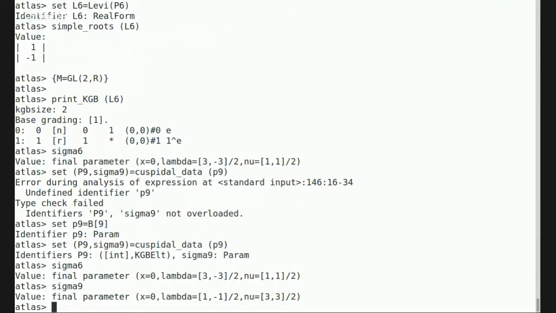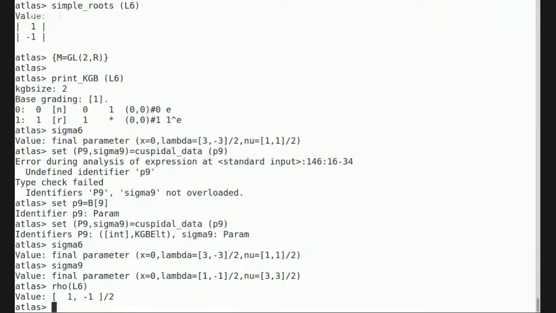And so on the SL2 factor, it's two different discrete series. One of them is given by this. Well, the second one is, let's look at rho of L6, this guy here.